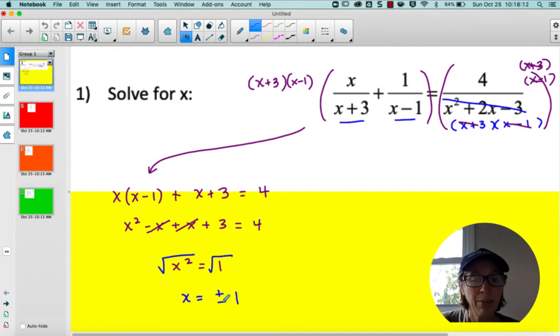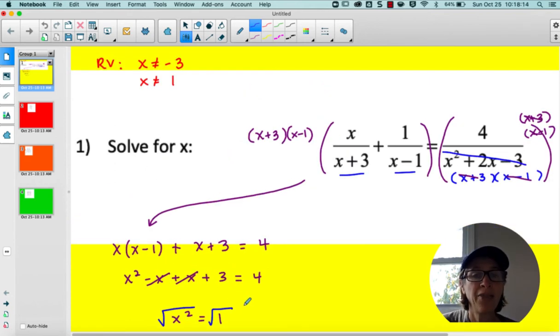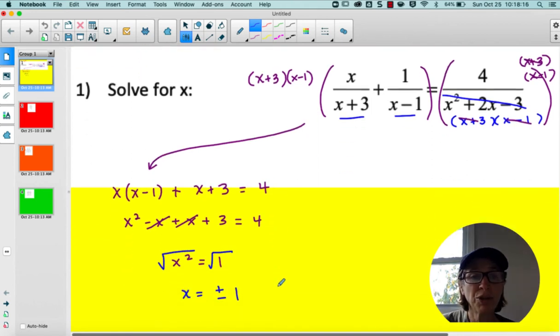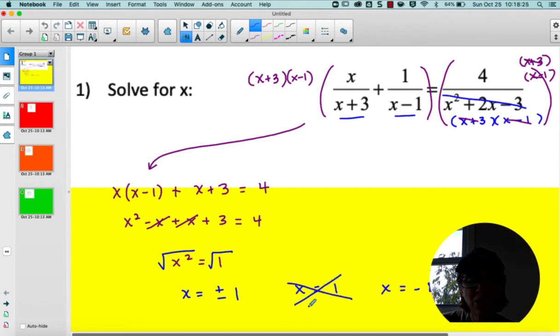All right, so I get plus 1 and minus 1, and then I recognize that my restricted value is I can't have 1. So I'm going to reject this answer. I'm going to throw it out because 1 is not in the domain.